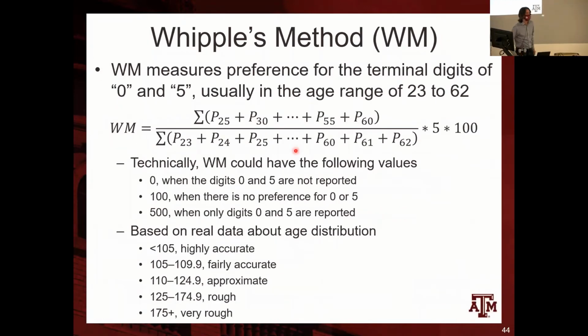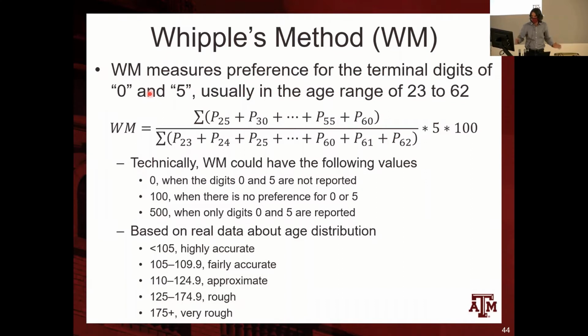And how do you measure whether you have problems with data that report ages for a specific population? We can use Whipple's method. It pretty much measures the preference for the terminal digits of 0 and 5. Usually people prefer to report ages that end in 0 and 5.